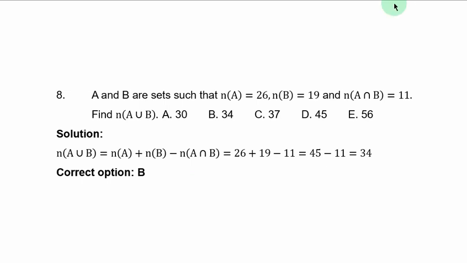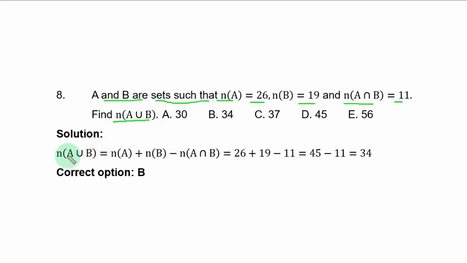Question 8. A and B are sets such that the number of elements in set A is equal to 26, set B 19. The number of elements in the intersection of the two sets is equal to 11. Find the number of elements in the union of the two sets. Solution.